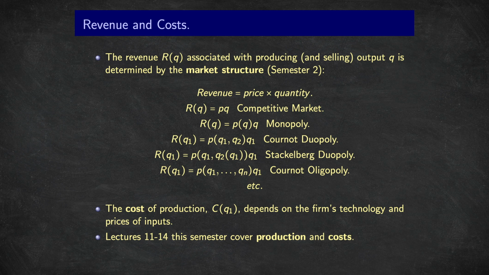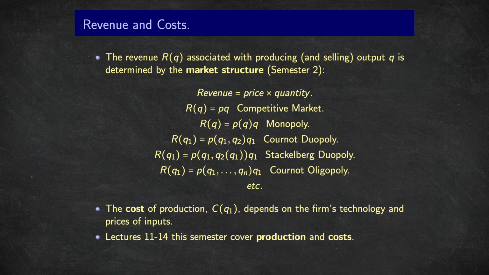So you can imagine firm 1 going first and choosing their output, and then firm 2 choosing their output whilst knowing what firm 1 has done. So these are not independent choices. There is a sequence of moves in this case. So that's what we call a Stackelberg duopoly. There are two firms, and the first firm goes first, and the second firm chooses their output, knowing the first firm's decision.